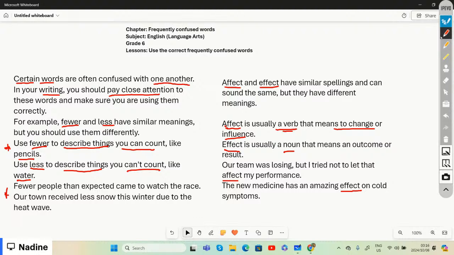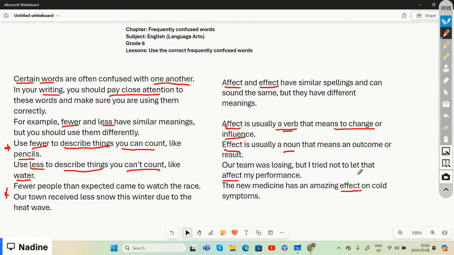All right. And we said if we use the word fewer, fewer should be used to describe something or things that you can count, which are countable nouns.